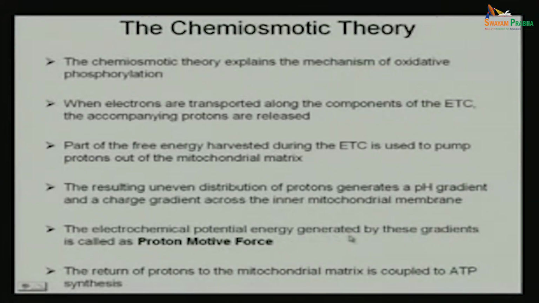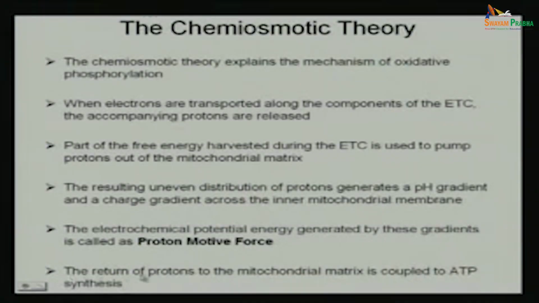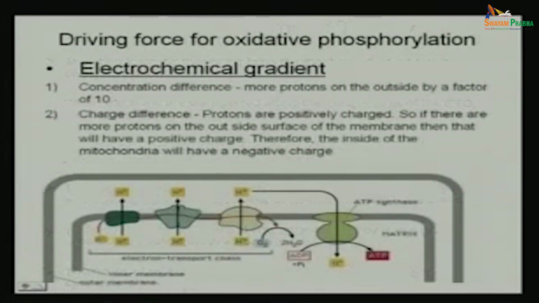The electrochemical potential energy generated by this gradient is called proton motive force. The return of protons to the mitochondrial matrix is coupled to ATP synthesis. Now you see, this is the electron transport chain.